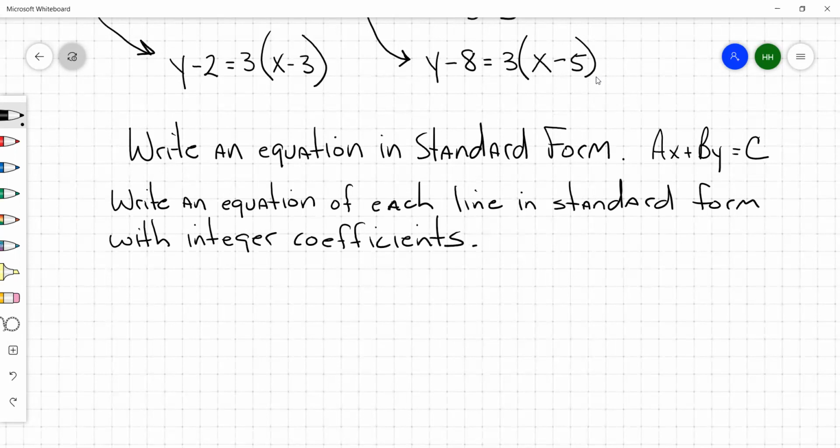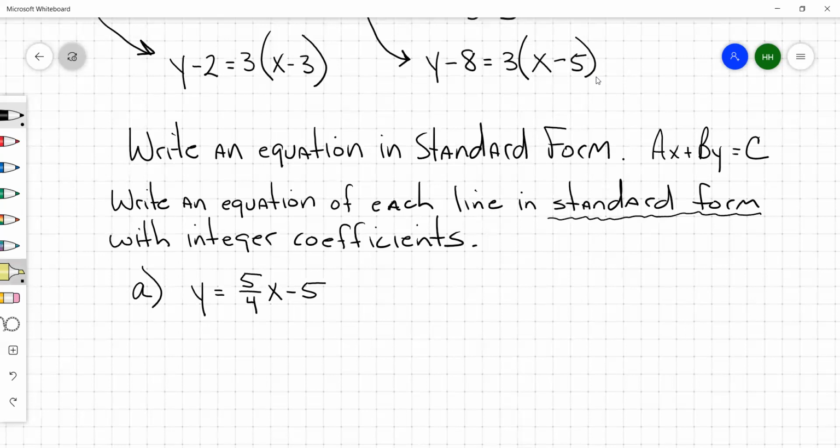And you are given y equals 5/4 x minus 5. Now that's in slope-intercept form, and you need it in standard form.